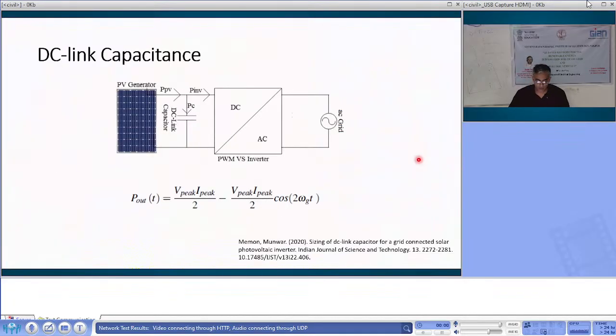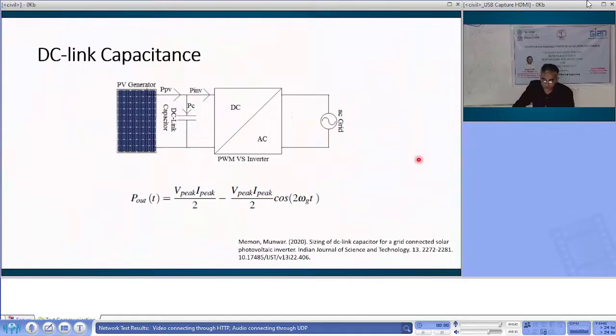So why do we require DC link capacitance? You have the inverter connected to a PWM inverter and then connected to the grid. Can I remove this capacitance in between? Why do we require this capacitance? It is called the DC link capacitance, and it causes more chances of failure.